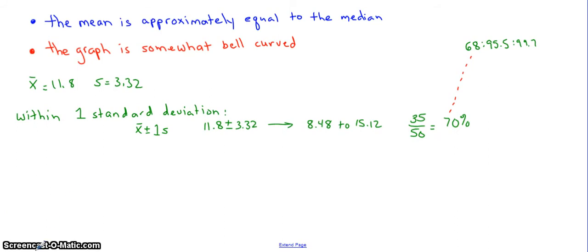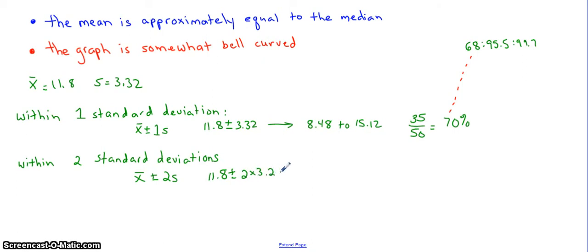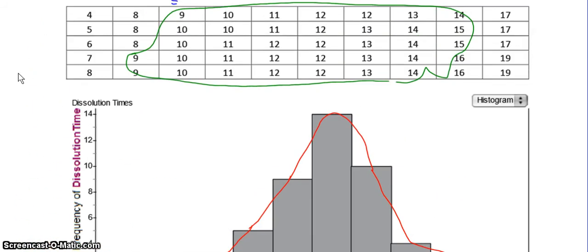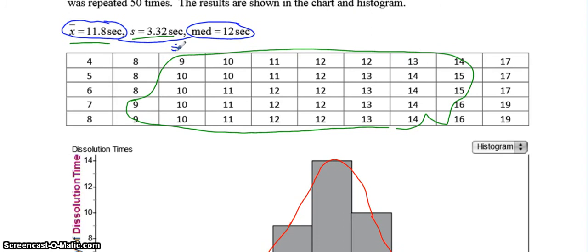Within two standard deviations, if we take 11.8 and add and subtract 2 times 3.32, that would give us an interval of 5.16 to 18.94. So 5.16 to 18.94 would be all of this data right here.